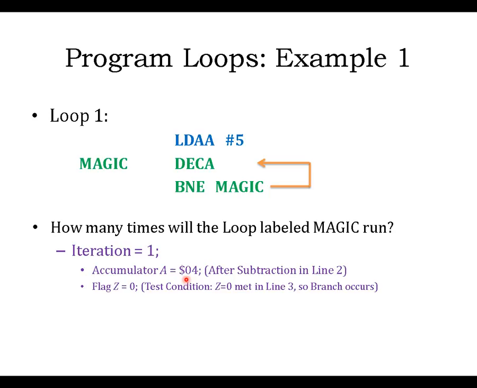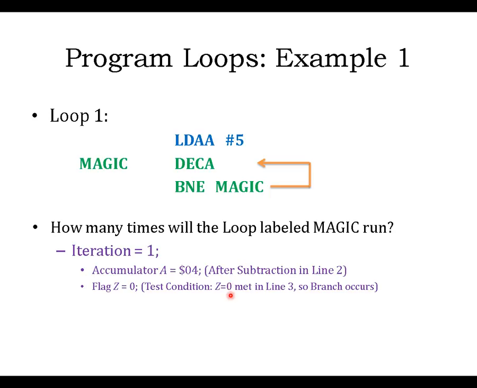Now, in line 3, you have to decide whether the branch will be made or not, right? Again, this is a conditional branch, so whether the branch is made or not is based on the test condition, and we got the test condition in column 3, the set of instructions, which is a very simple one.